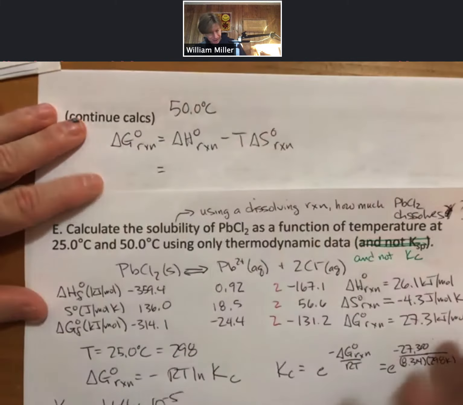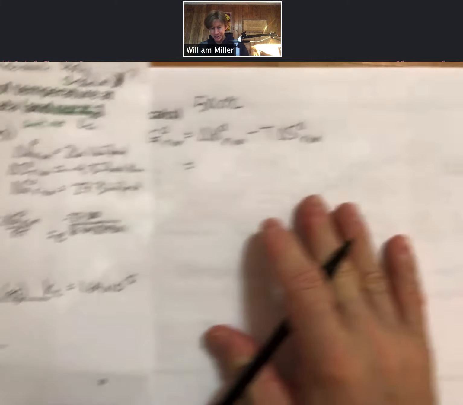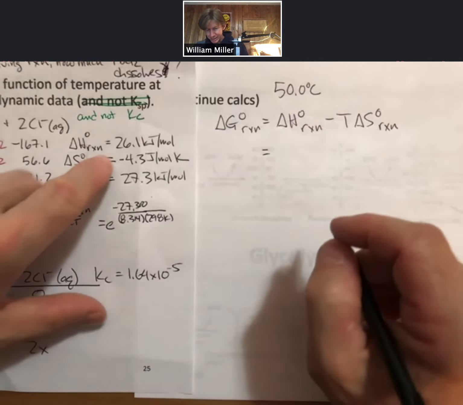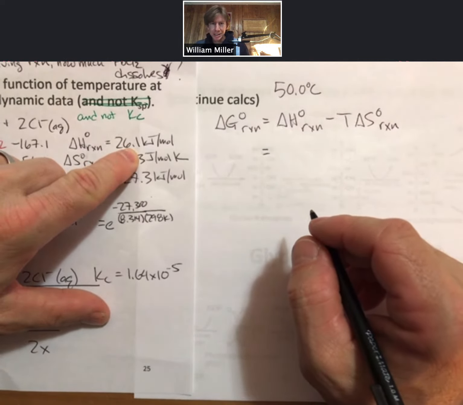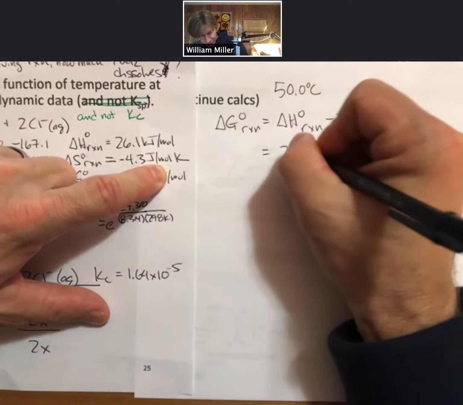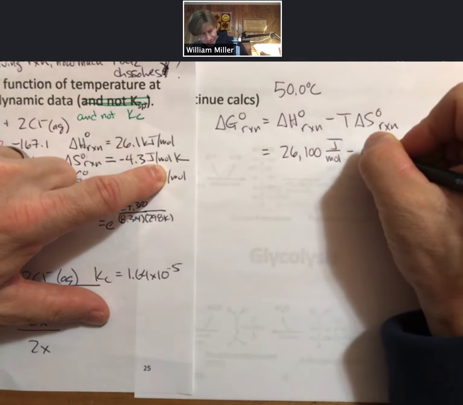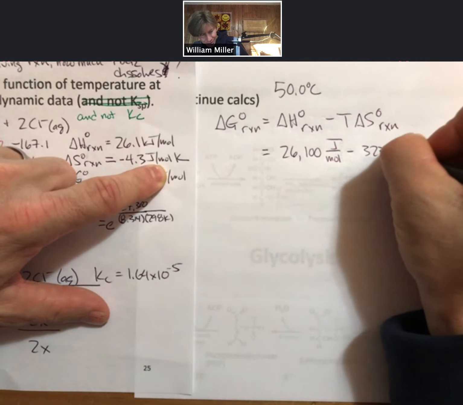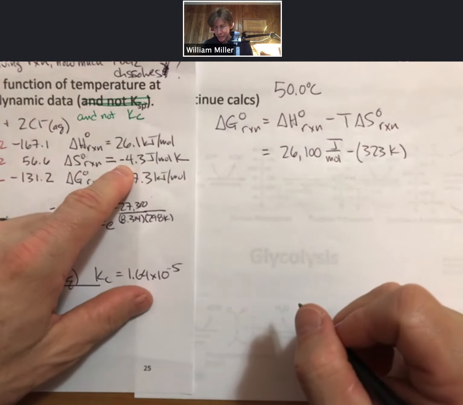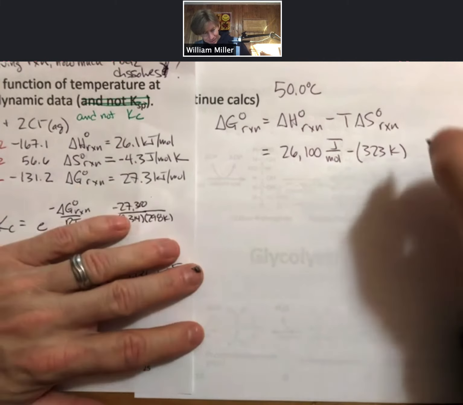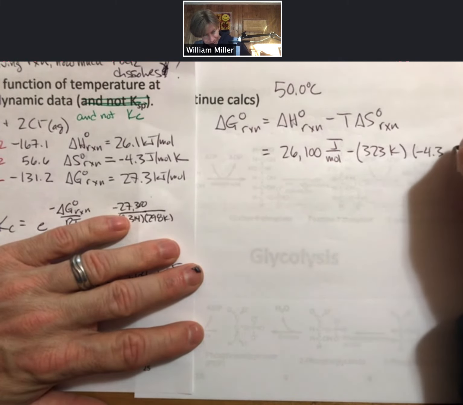So plugging everything in, let's see, we've got 26.1 kilojoules, so 26,100 joules per mole. T is 323 Kelvin. And here we have minus 4.3 joules per mole Kelvin.